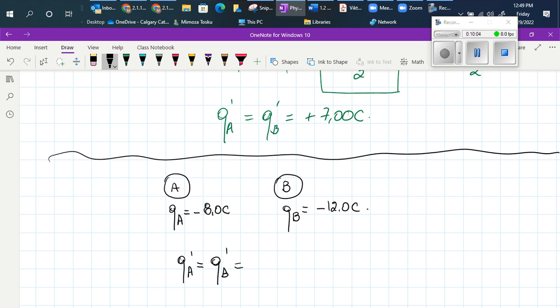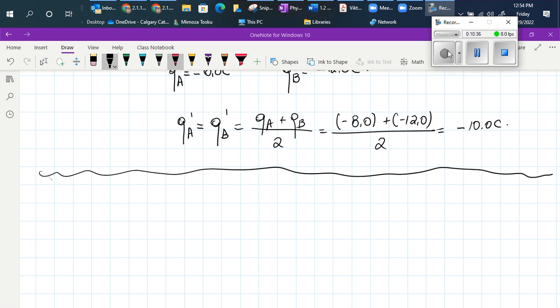QA' after being in contact or connected with a conducting wire will be QA plus QB divided by 2, or the average of the two. So negative 8 coulombs plus negative 12 coulombs over 2 equals negative 10 coulombs.